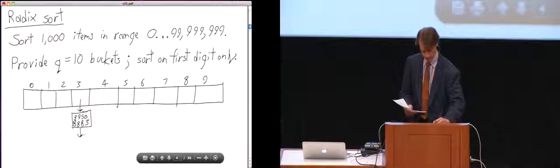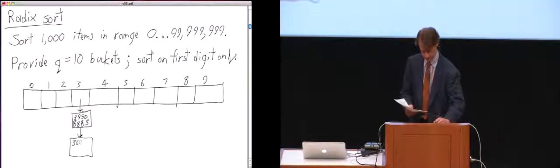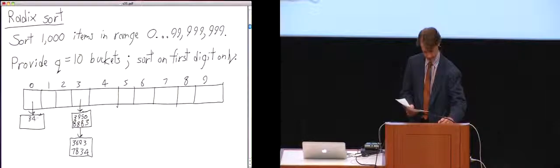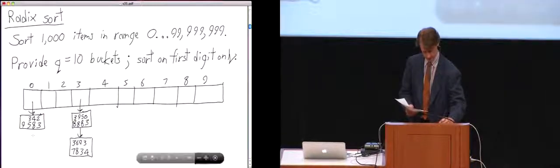And within each bucket, the numbers are not necessarily sorted in any particular order. But we'll fix that later. And so the 0 bucket gets anything less than 10 million. Again, pretend that first digit is a 0.